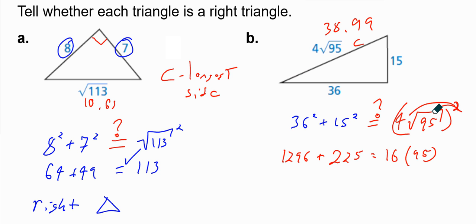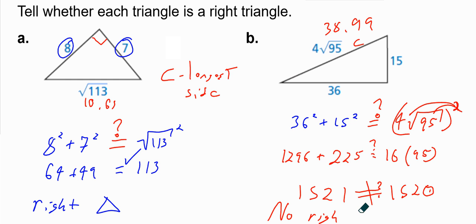So 16 times 95 is 1,520. And I add up the sum of my other two squares, 1,296 plus 225. Okay, I get 1,521. They are not equal, so it's not a right triangle.